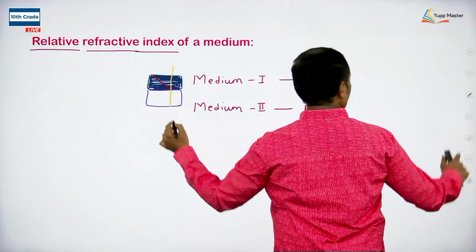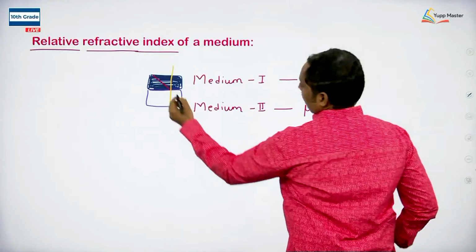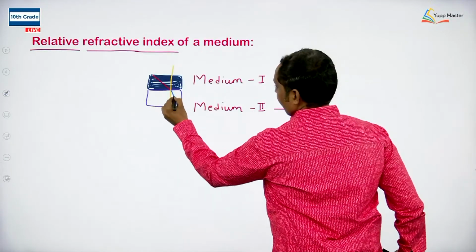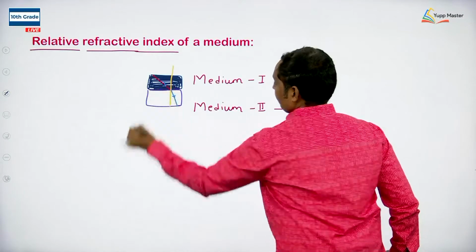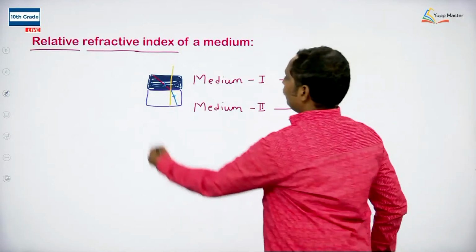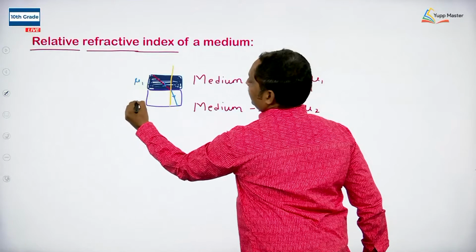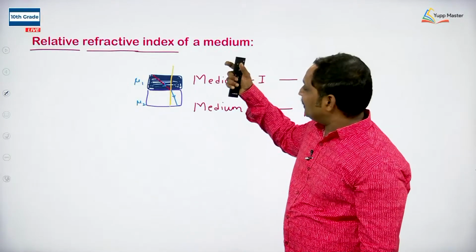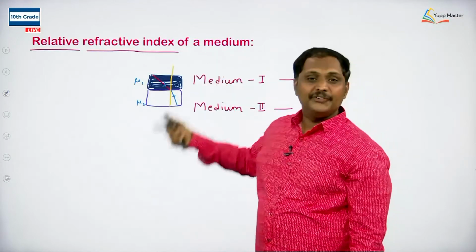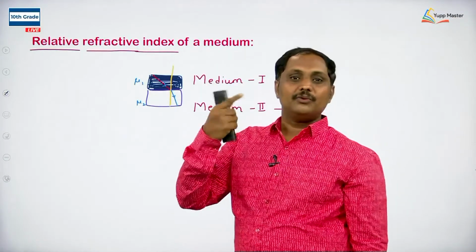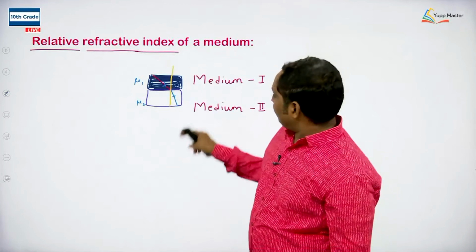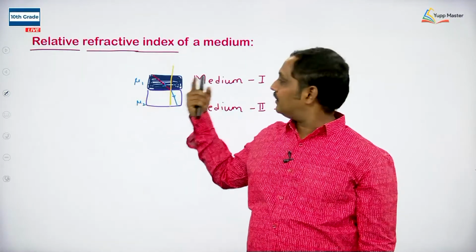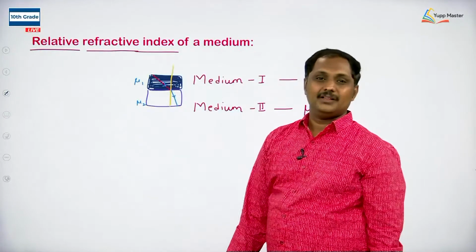This is a normal. When light rays are allowed to enter from one medium to another medium, the refractive index is considered with respect to the first medium. So the refractive index of the second medium with respect to the first medium is known as relative refractive index.